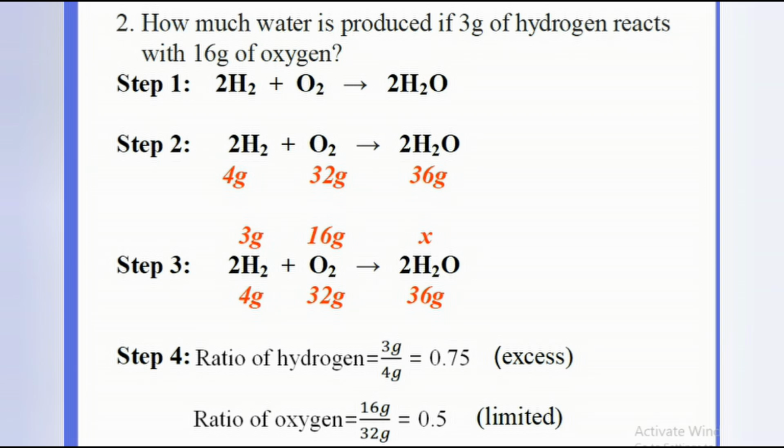The ratio of hydrogen is 3 gram over 4 gram equals 0.75, and the ratio of oxygen is 16 gram over 32 gram equals 0.5. Therefore, oxygen is the limiting reactant and hydrogen is the excess reactant, because the ratio of oxygen is less than the ratio of hydrogen.